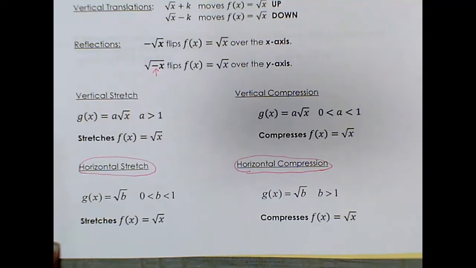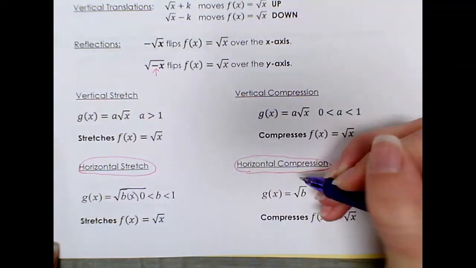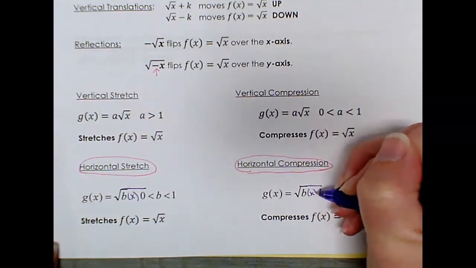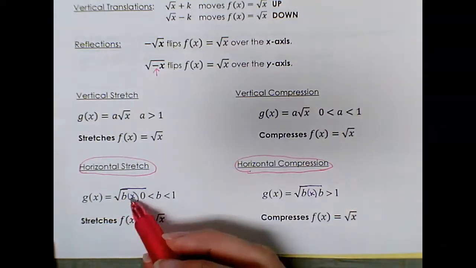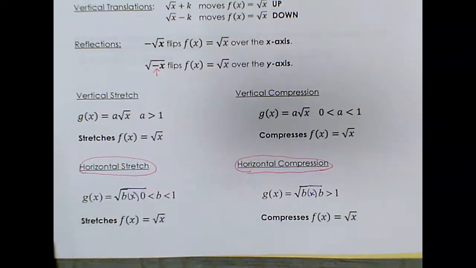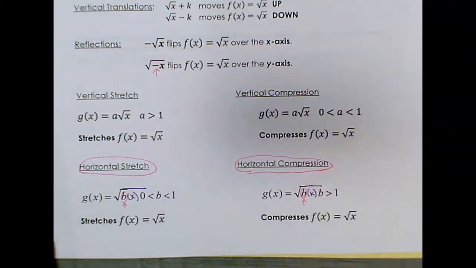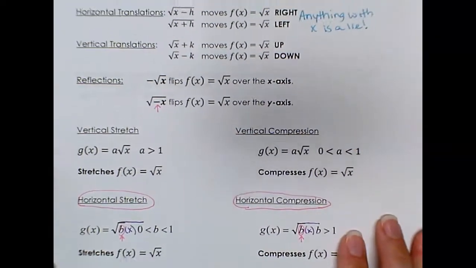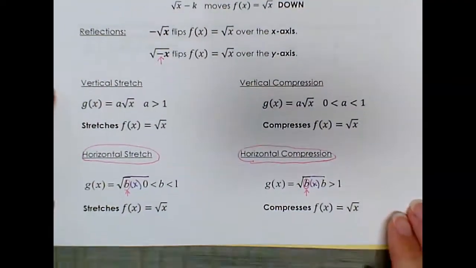This doesn't really show up here, but I'm going to extend this, because this b value needs to be on the outside of the x, so it's got to have parentheses, but it's still got to be on the inside of the radical. So it's in kind of a strange situation. And because it is tied with x, and we said anything with x is a lie, then we've got some additional weirdness going on.